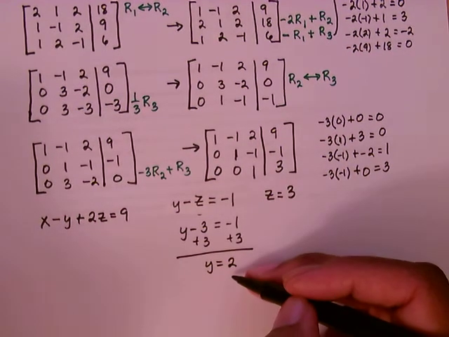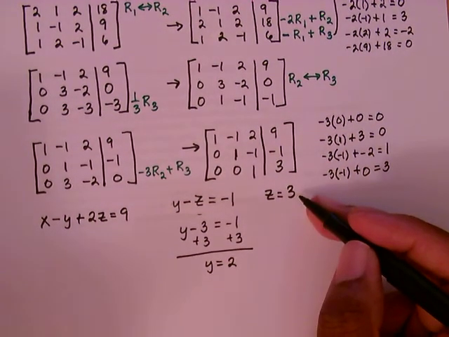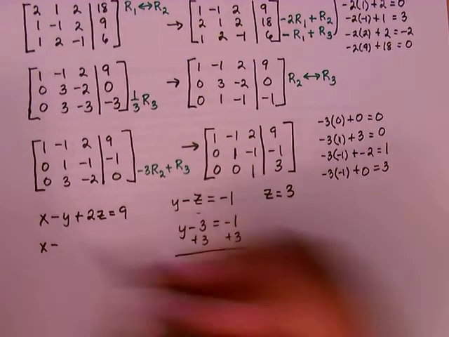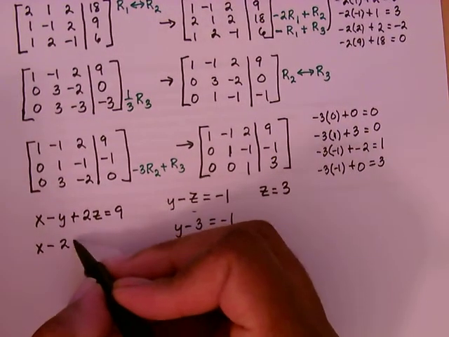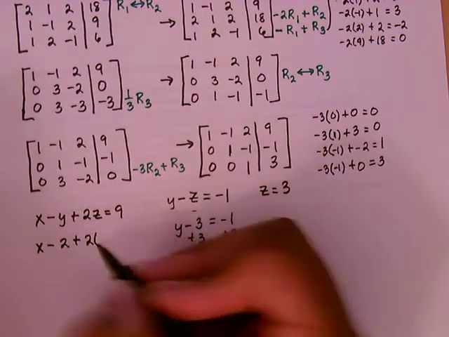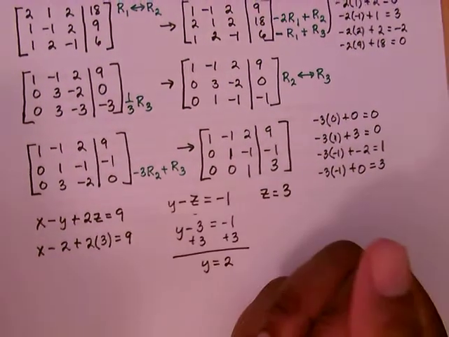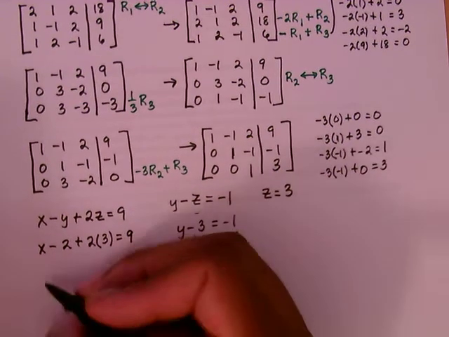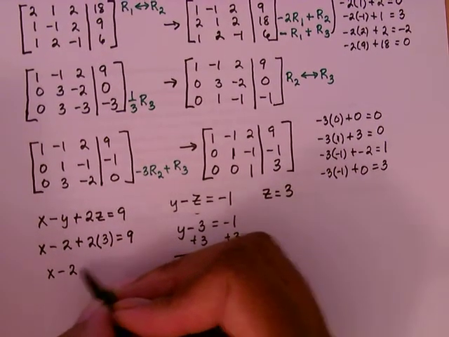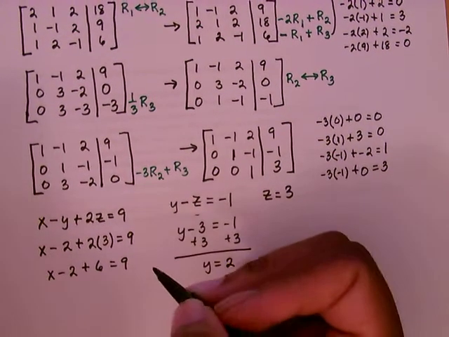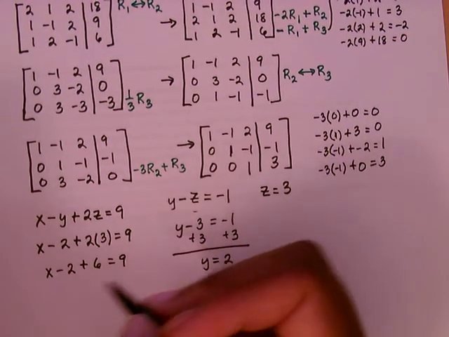Using the first equation, substitute the y with the 2 and the z with 3. So here I'm going to have x minus 2 plus 2 times 3, which is 6, equal to 9.